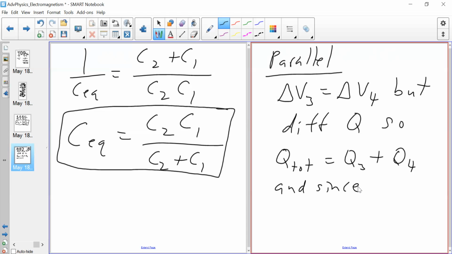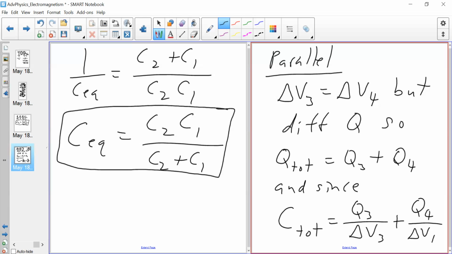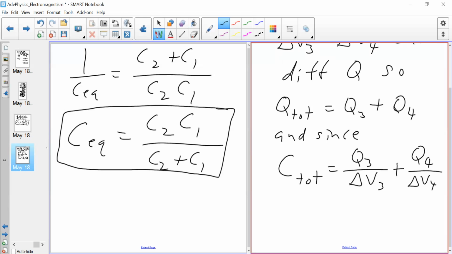And since capacitance is Q3 over delta V3 and Q4 over delta V4, and we know the voltages are the same, the equivalent capacitance for parallel capacitors, in terms of 3 and 4, is C equal to C3 plus C4.